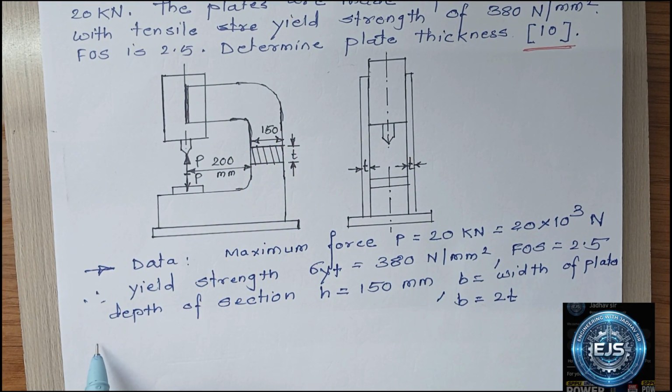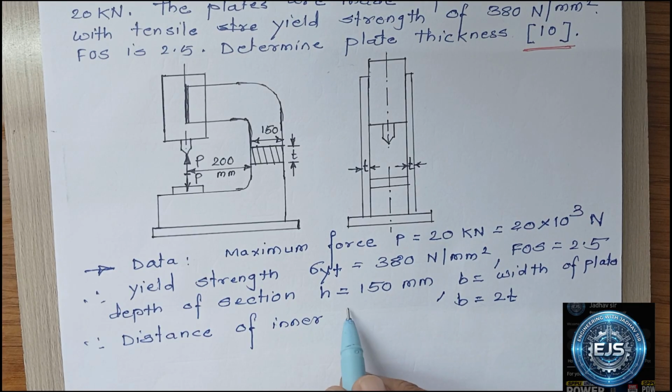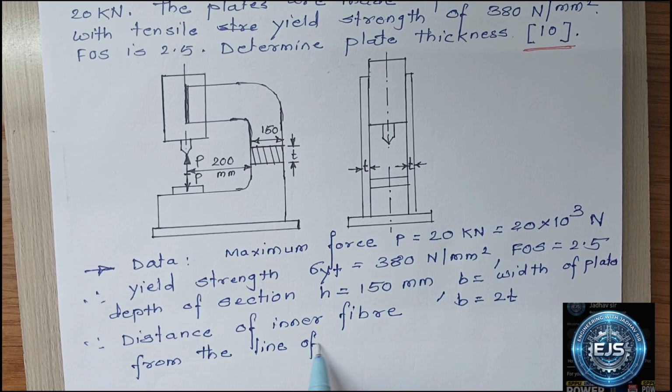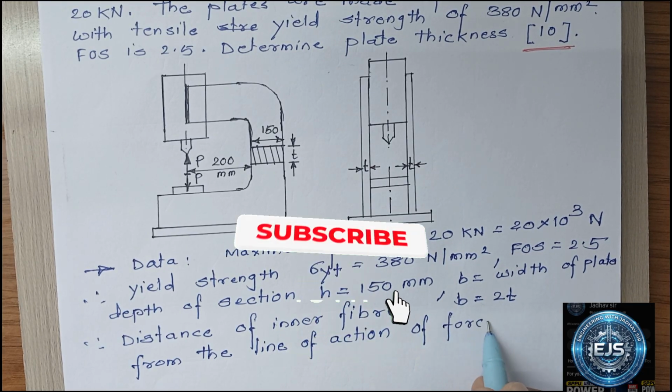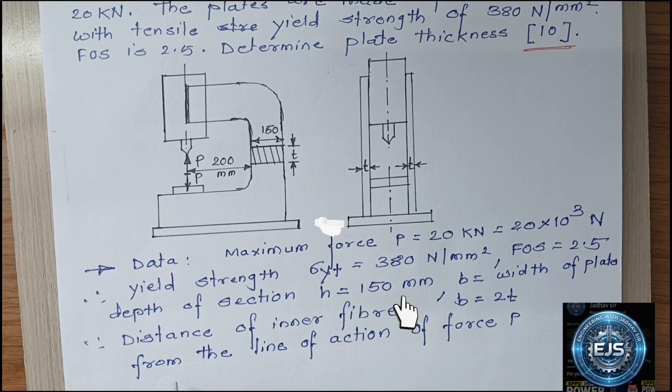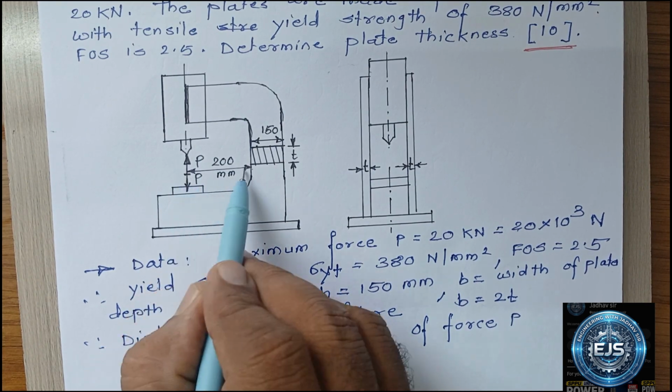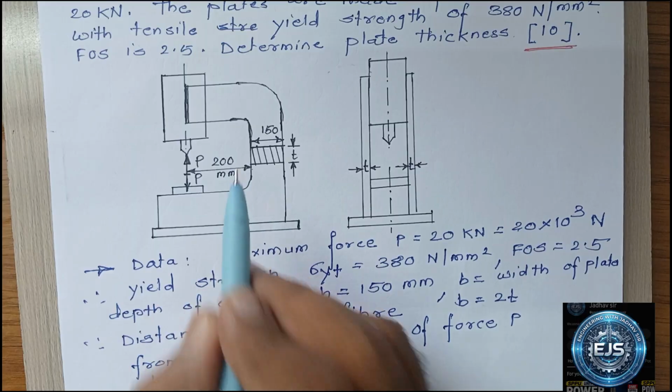So the distance of the inner fiber from the line of action of the force P, that distance we'll mark as B1. So B1 is equal to 200 mm. So this distance is the distance of the inner fiber from the line of action of the force P, and that is given as 200 mm.